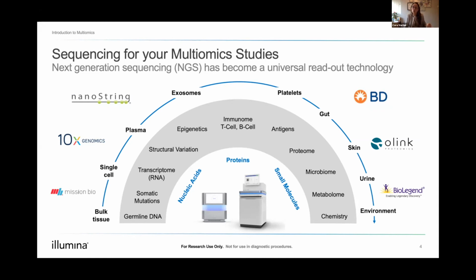And we also have solutions that look not only at DNA and RNA but, as I said, at the structure of DNA around epigenetics. Most people look at methylation, but there is a lot more excitement recently around chromatin accessibility.